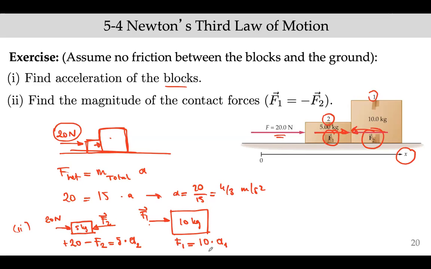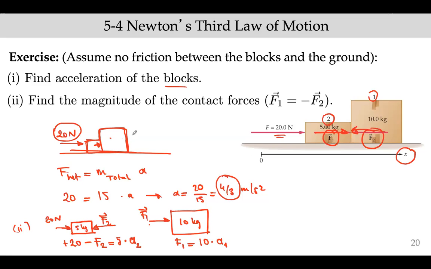Okay, now we do know something, which is these blocks move together, right? So they actually have the same acceleration, and that acceleration we already calculated. Even though we thought of them as one block, it doesn't matter.